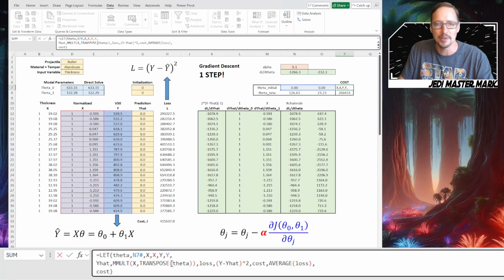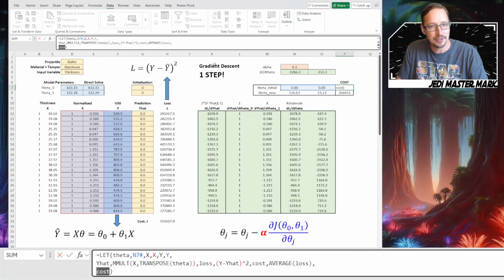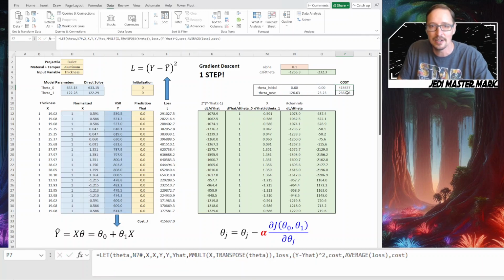Again, we had to transpose theta because it was the wrong matrix dimensions. The loss function is y minus y hat squared. The cost function is the average of the loss. And then we want to return the cost function. So that's what we've done here, and it's the same formula down below. But you can see that the cost function has gone down in this first iteration by quite a bit.